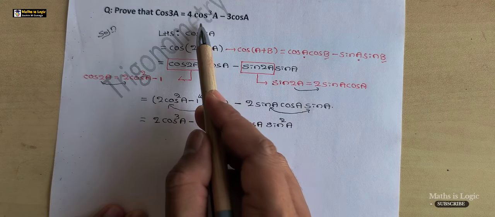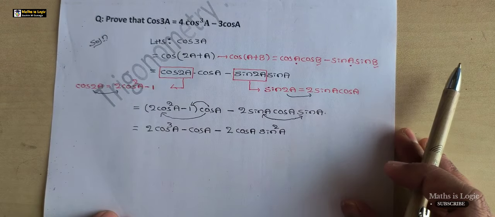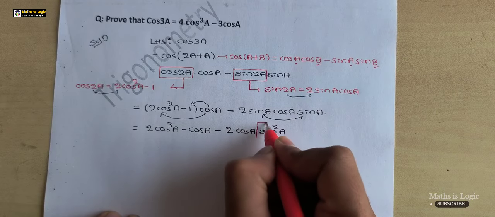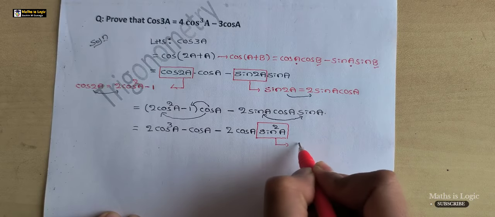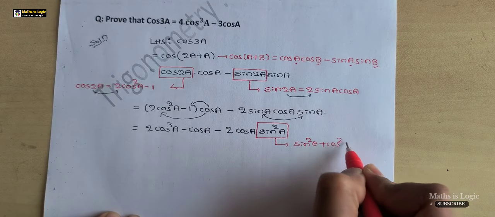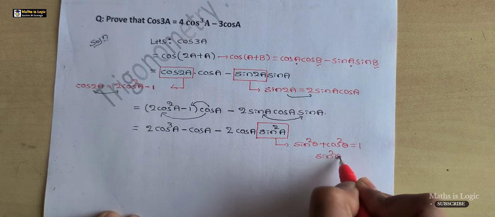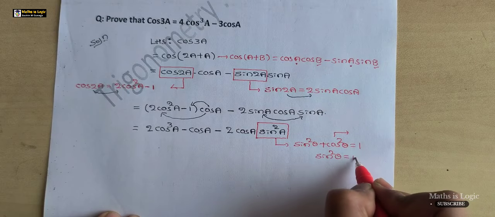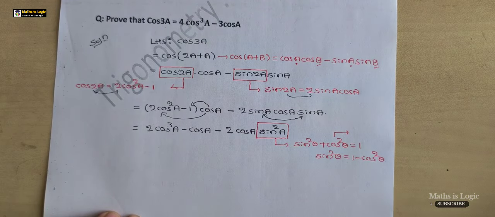See, the final answer we have to show in terms of cos. Therefore, now replace this sine by cos. How to replace? We know the formula. What is that? Sine square theta plus cos square theta is equal to 1. So here sine square theta is equal to, shifting cos square theta to the right hand side, plus becomes minus cos square theta.